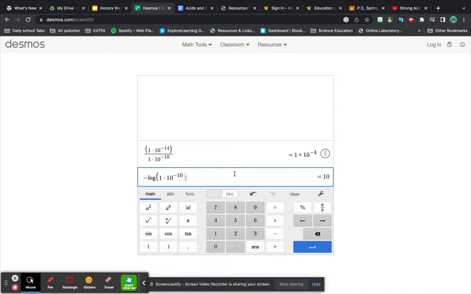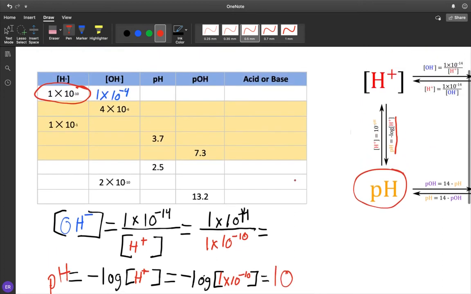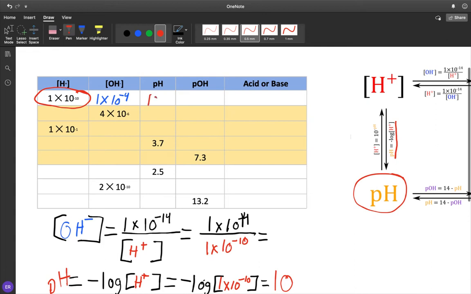All right, and what is that going to equal? That is going to equal 10. So we see it right here. And our pH is 10. So let's plug that in, pH 10.